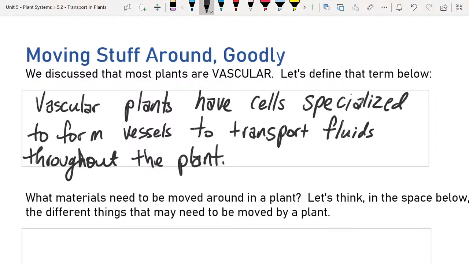So a vascular plant is one that has cells that have been specialized to form vessels that will move fluids throughout the plant.